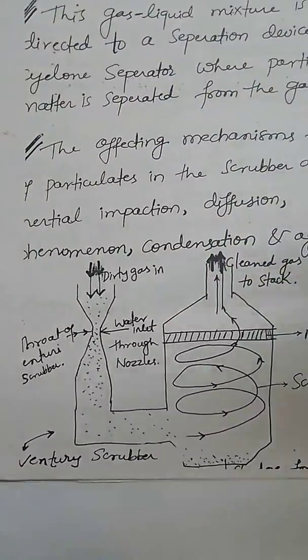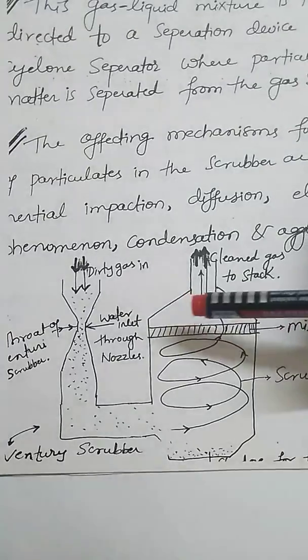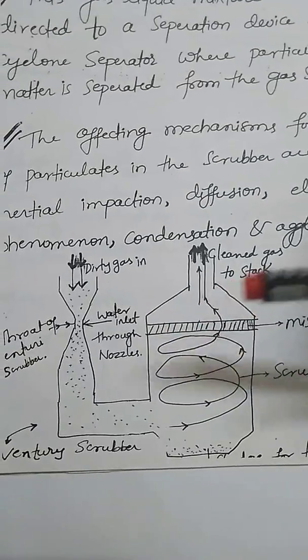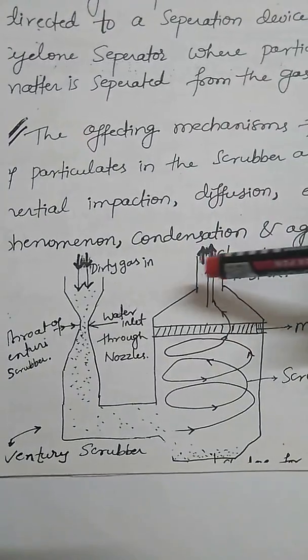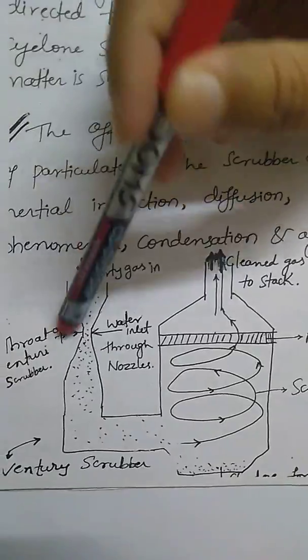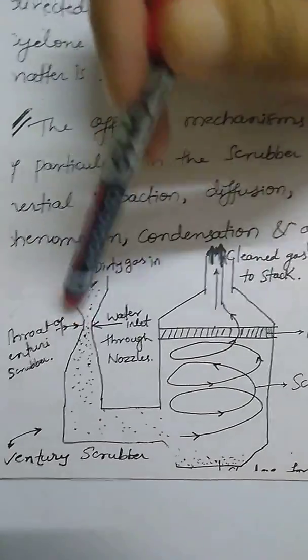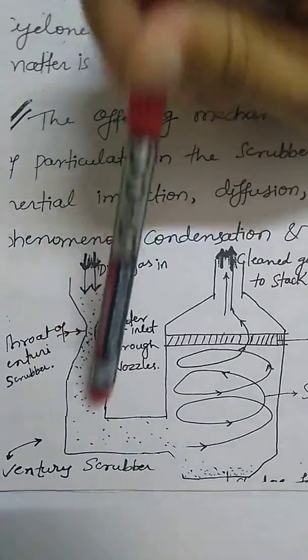The main thing that you need to keep in mind is that in the Venturi scrubber we are going to use a very high velocity gas, at the rate of 160 to 200 meters per second. It enters here, and as we can see, the area is reduced, so the gas will come with more velocity.